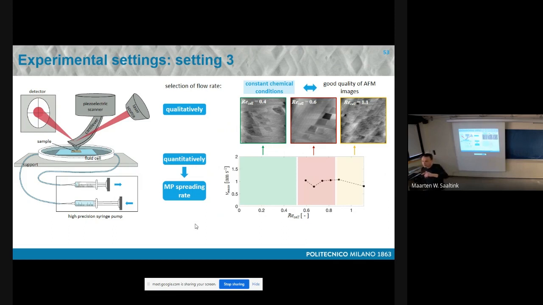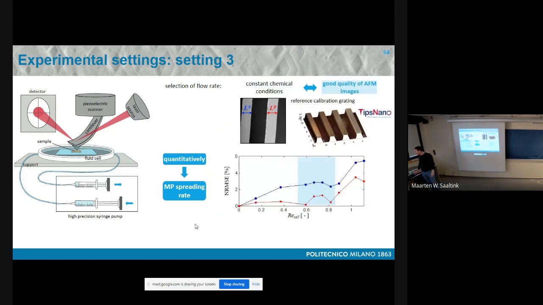And by observing the features in the system, we thought of considering the mean spreading rate of the pits, and finding the region of values of Reynolds number where that measurement is not influenced by the Reynolds number.